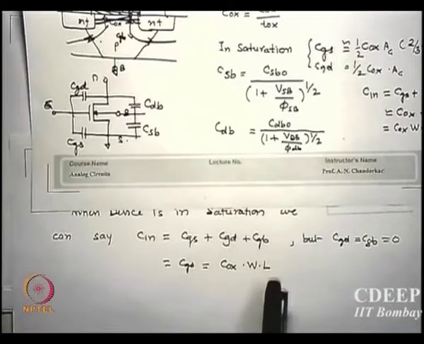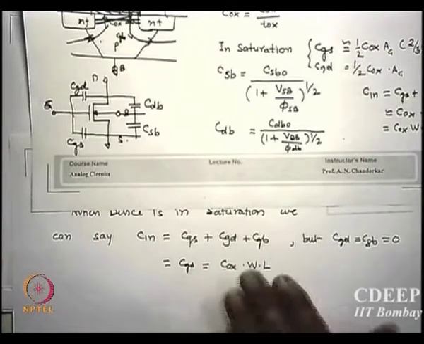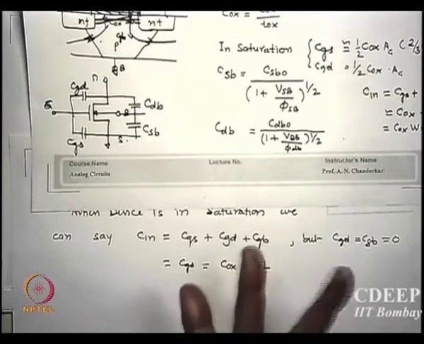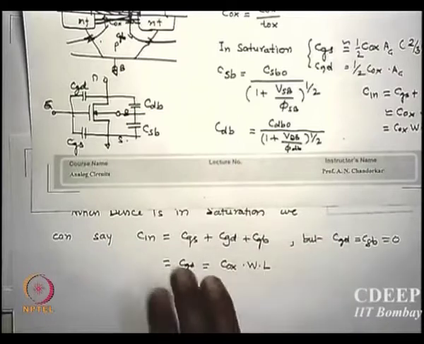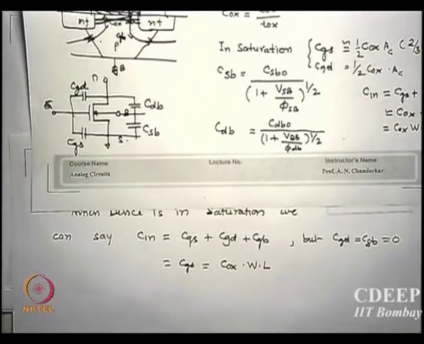And why have I added this CGB? In case there is no inversion channel, with the device in the off state, whatever the capacitance is, it is CGB. Whichever is dominant I will put. So in general I should write CGS plus CGD plus CGB.